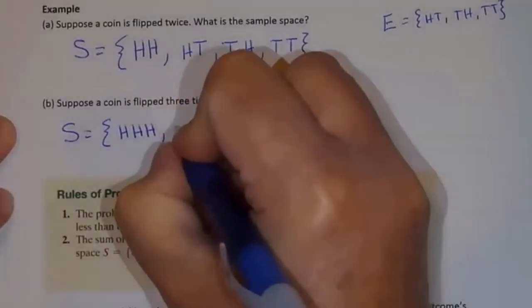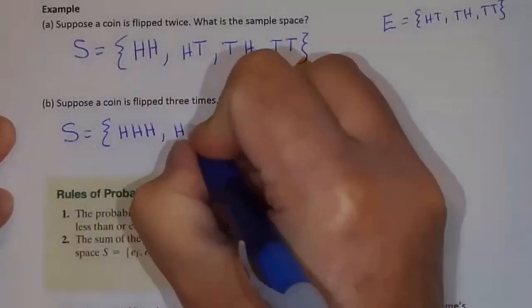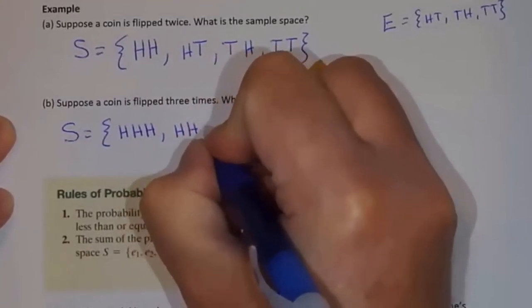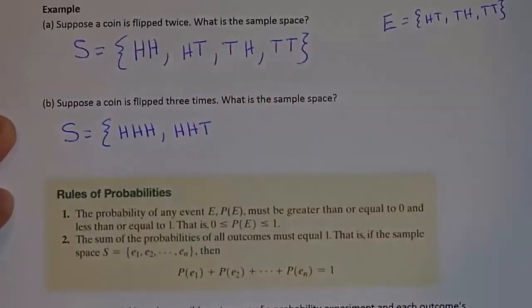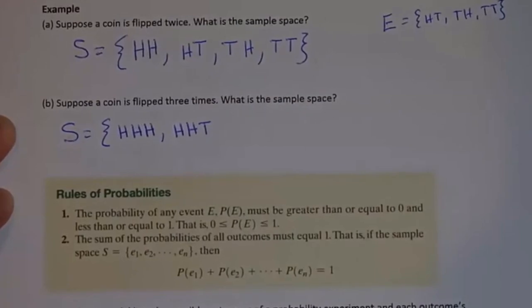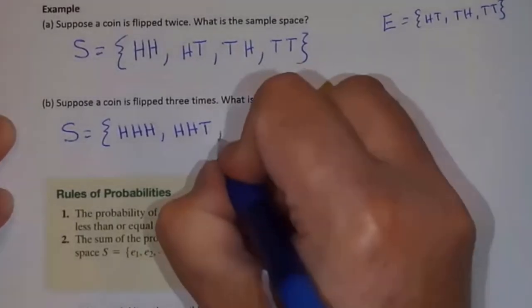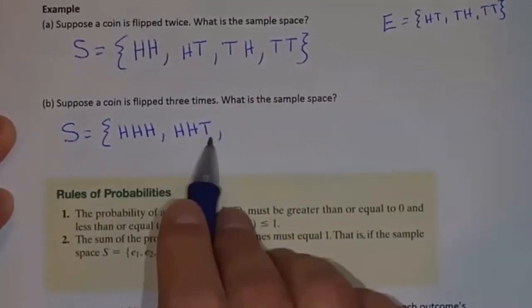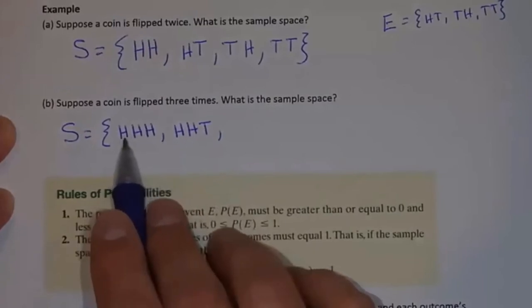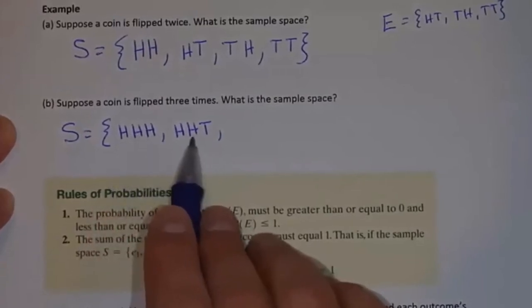Or I could get heads on the first flip, heads again on the second flip, but this time get tails on the third flip. That's a different outcome. Now, those are the only 2 outcomes where I get heads on the first flip and heads on the second flip.